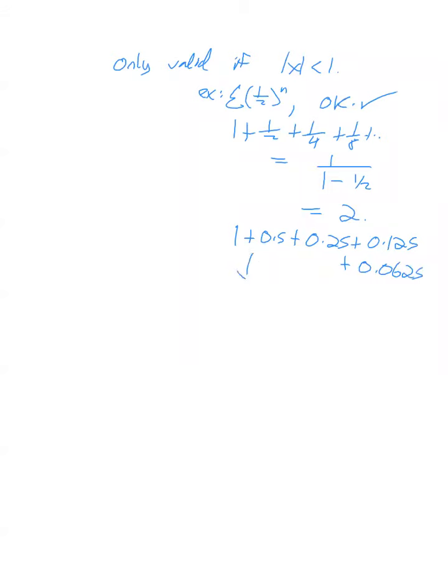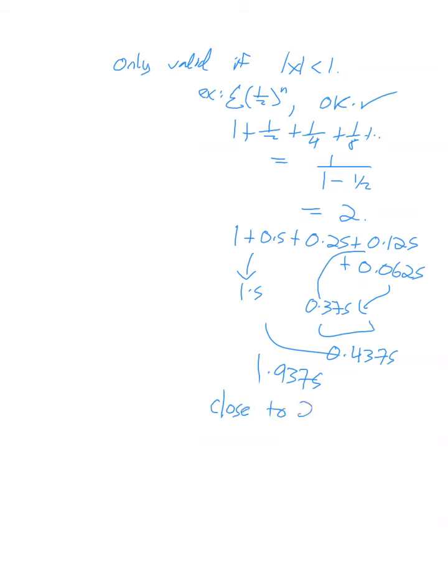Well, I think this is 1.5. This is 0.375. And if I add it to this one, then I should get something like, let's see if I do this math correctly, 0.4375. So now I'm going to add these two very quickly, and I get 1.9375. So it's rather close to 2.